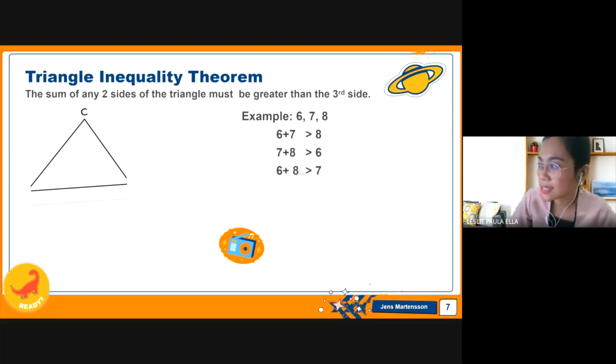When we add 6 and 8, the answer is greater than 7, meaning to say this set of lengths will help us form a triangle because it satisfies the statement of the triangle inequality theorem.